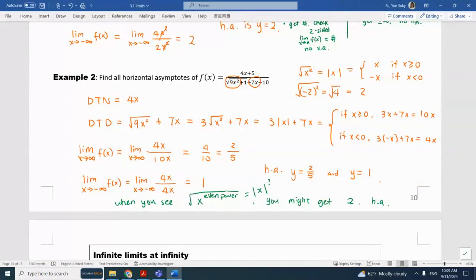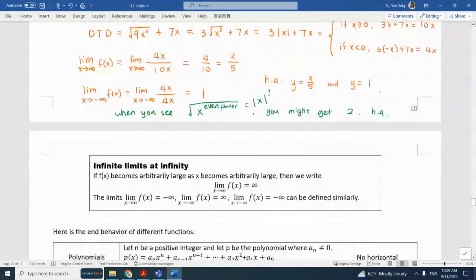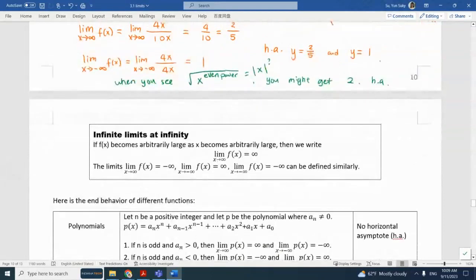Okay, for example, if you have x to the 10 and you take the square root, this is the absolute value of x to the half power, right? So 10 over 2 is 5. Okay, but it's the absolute value of x to the 5th. Keep that in mind.